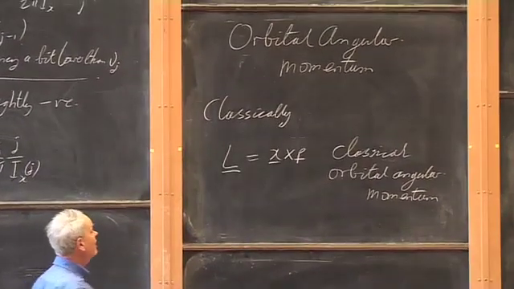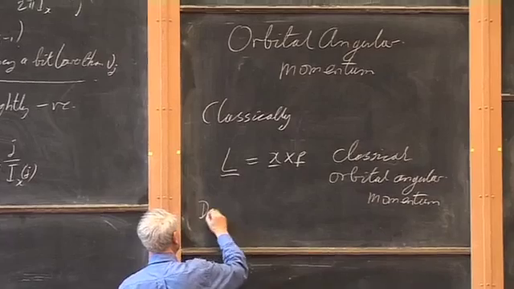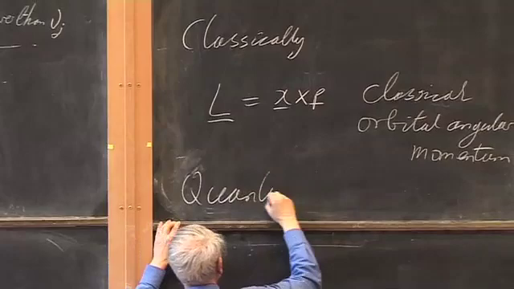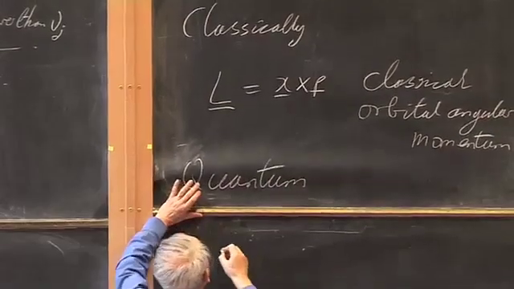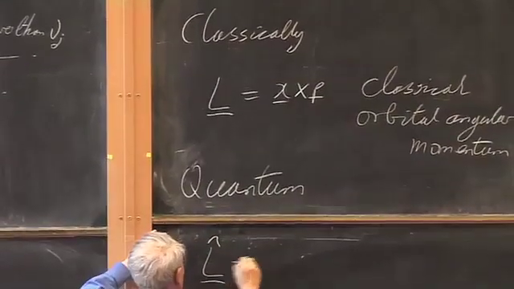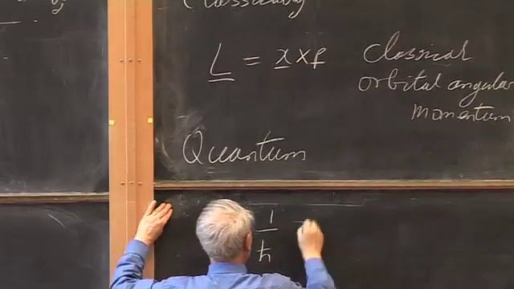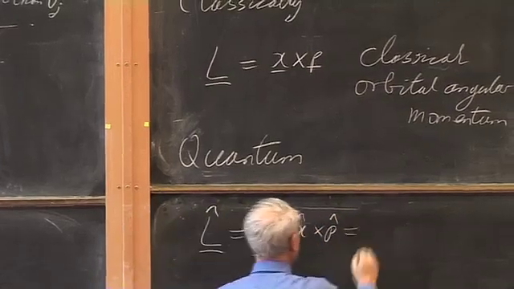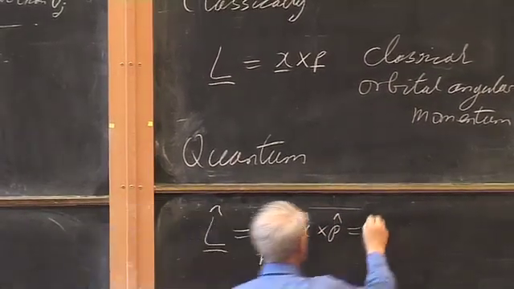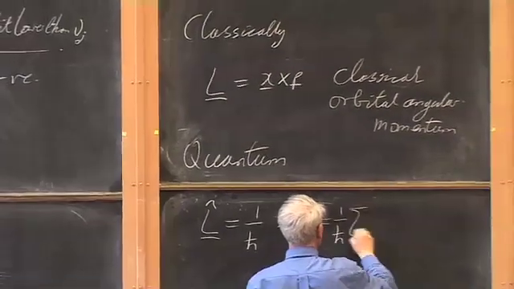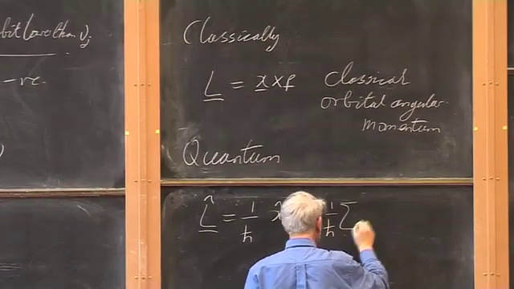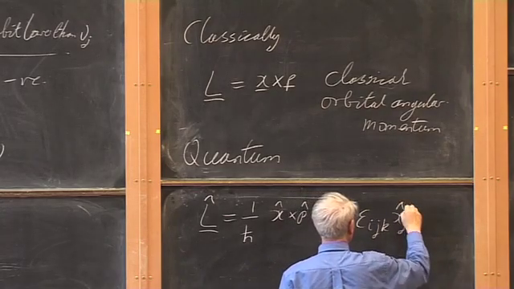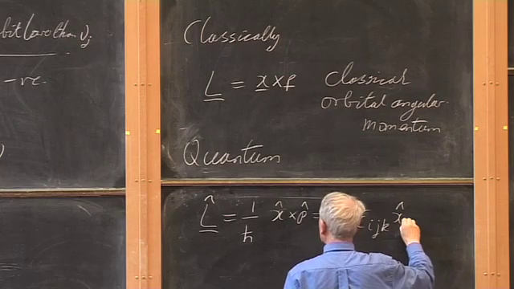Right, so we can define an operator. In quantum mechanics, by analogy with this, it's natural to define an operator, L hat, which is equal to 1 over h bar x hat cross p hat. Let's write that out in components to make sure we know what we're doing. That's 1 over h bar, the sum of epsilon i j k x j p k.